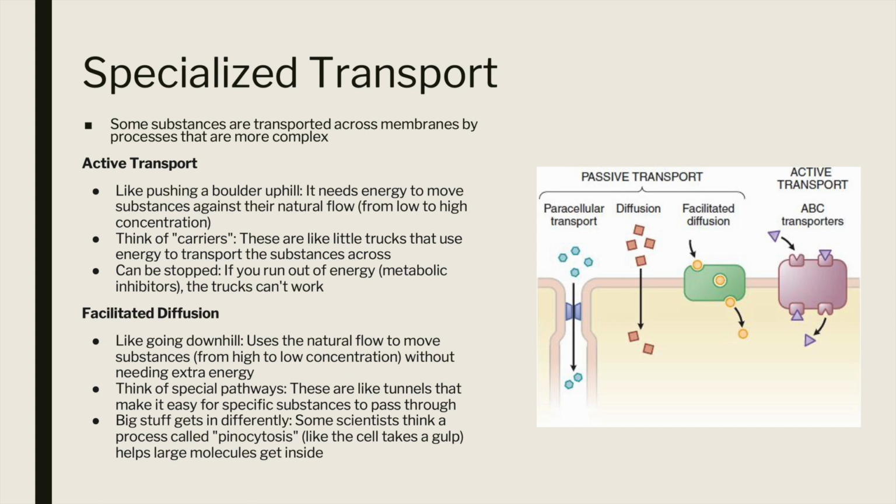Some scientists think that a process called pinocytosis helps large molecules to get inside. That's not super well understood, but anyway, we've got active transport that requires energy. Facilitated diffusion basically means that something is helping it to diffuse across, kind of like a tunnel or a passageway.